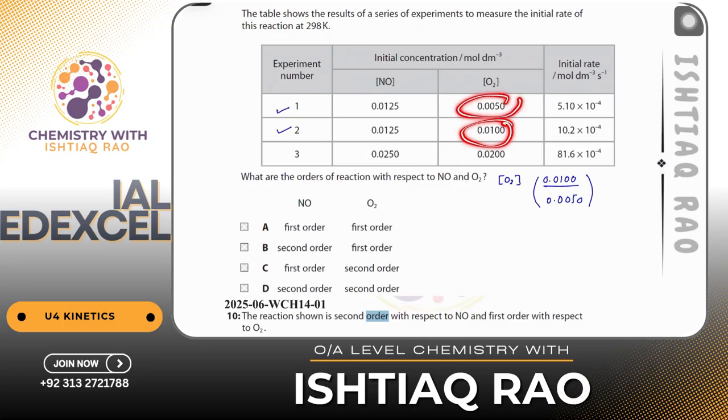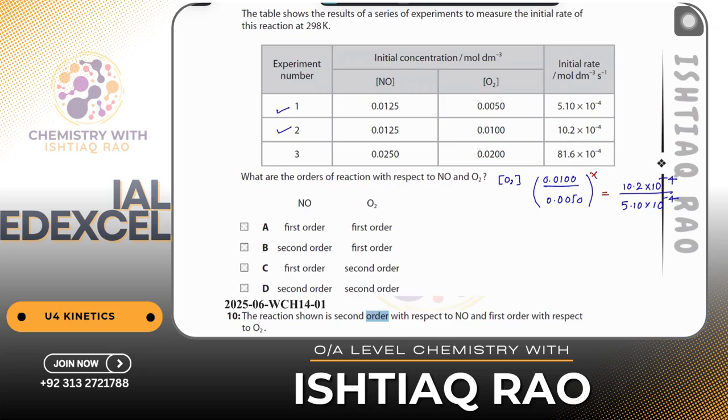I have copied the data, okay? And the power is x. That's the order with respect to O2, which is equal to 10.2 × 10^-4 divided by 5.10 × 10^-4.